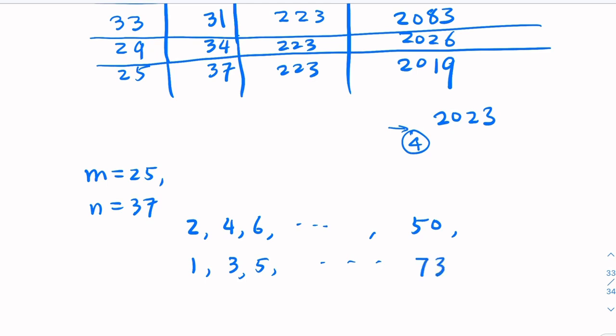But when you add everything up, it is 2019. So we need to add 4 to some number. That's easy. For example, we can choose this to be 54. Then we're done. Or if you want, you can choose this to be 77, right? So in either case, we have achieved the maximum.